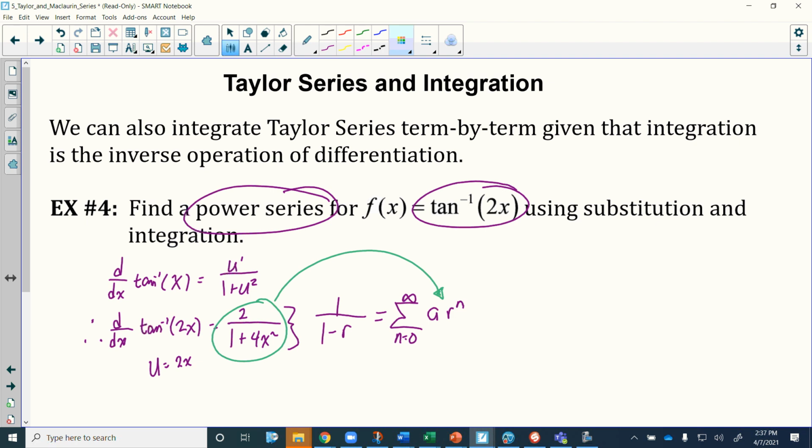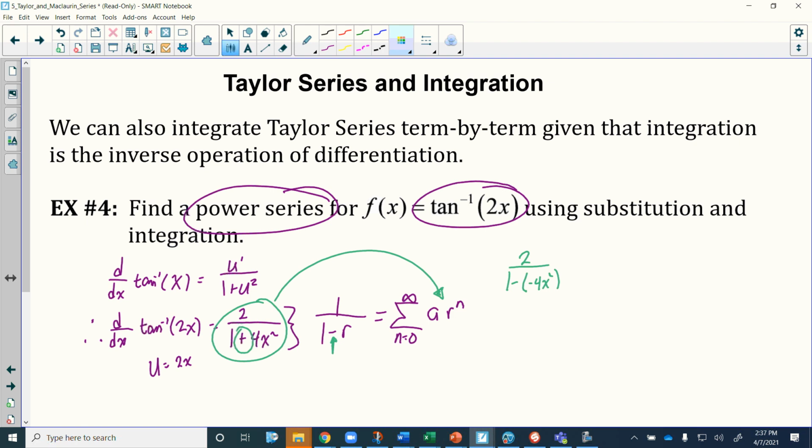Okay, well, what I'm going to do is I'm going to say 2 over, and again, we have that negative sign that we need. So I'm going to change that plus sign into a negative sign with a double negative. So I'm going to say 1 minus, in parentheses, negative 4x squared, close parentheses.